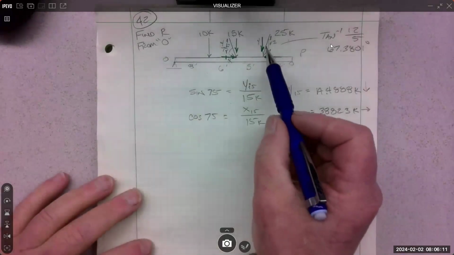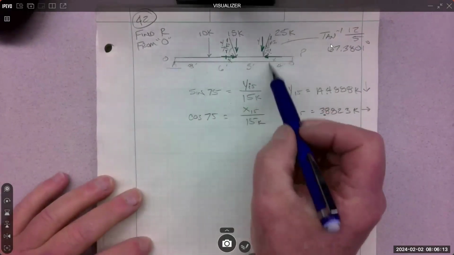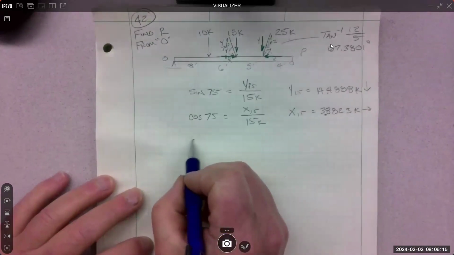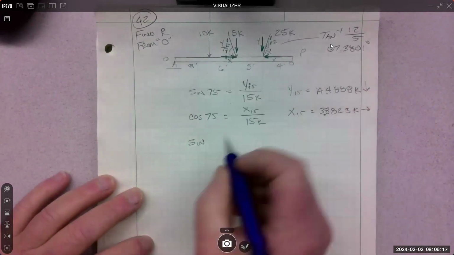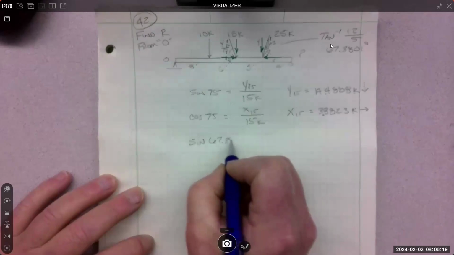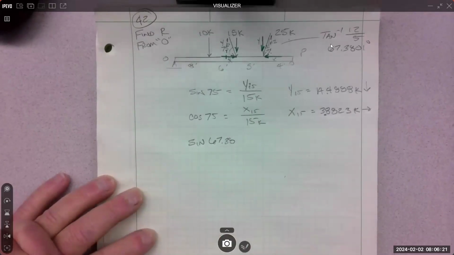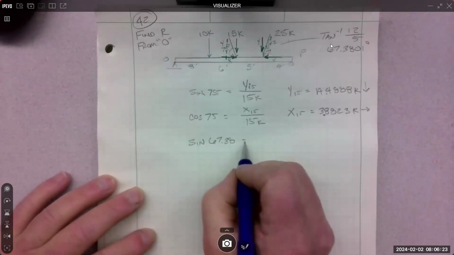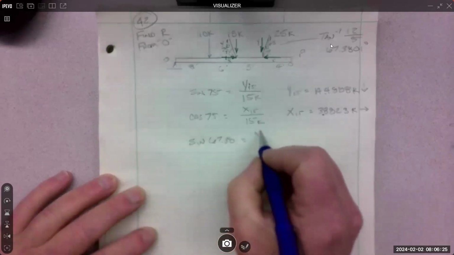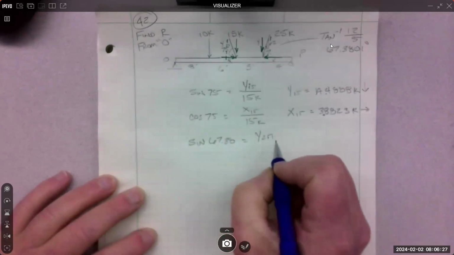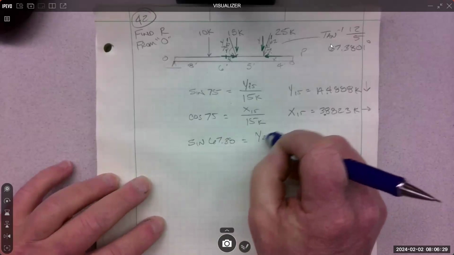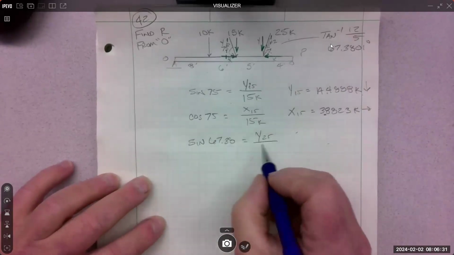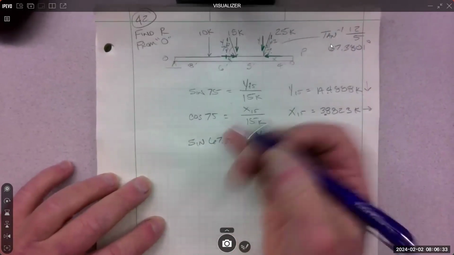So now I'll use that angle. Opposite is going to be the y. So sine 67.38. I'm going to round that, but I won't use that when I actually calculate. And then that's going to be the y of the 25 over 25K.